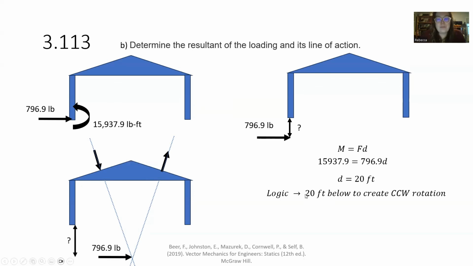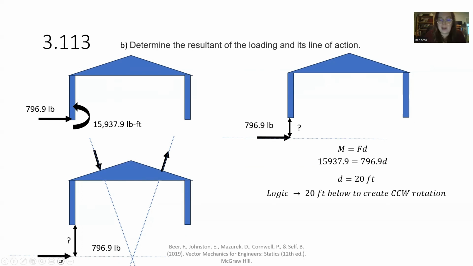Remember our principle of transmissibility. If our moment is dependent on our perpendicular distance, we can slide our forces along their line of action without impacting the moment. Meaning we can slide them forward or back along their forever dotted, continuous, never-ending line of action. Meaning either one of these options is the same.